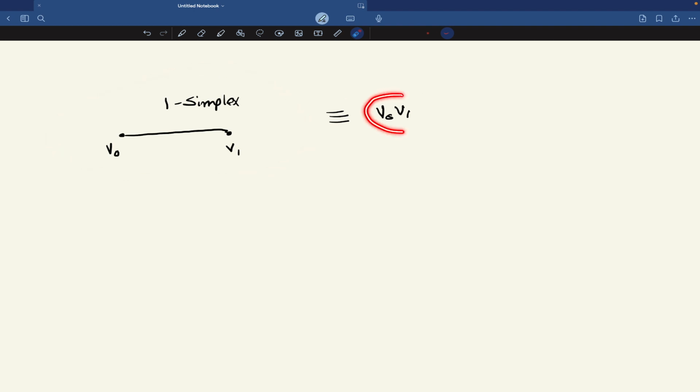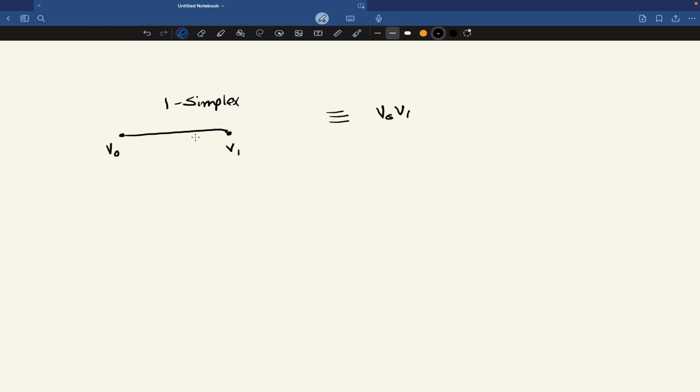When I write V0, V1, we know it is written for this edge. And to complete our complex, we also include the vertices V0 and V1. So when we are calling this one simplex, then zero simplexes are also included in that by default.